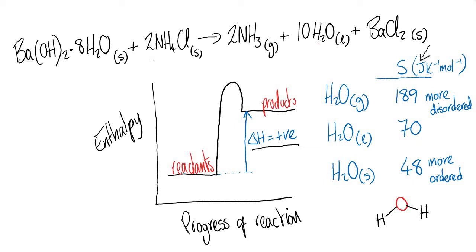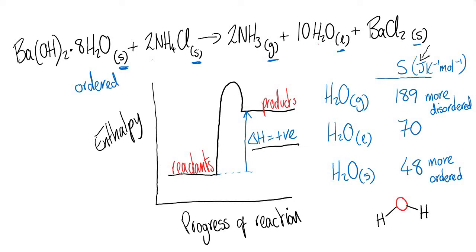So let's have a look at the reaction between barium hydroxide and ammonium chloride then. We can see here we have solid, solid going to gas, liquid and solid. So the reactant side is more ordered because they are solid.